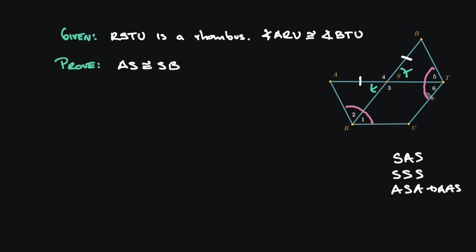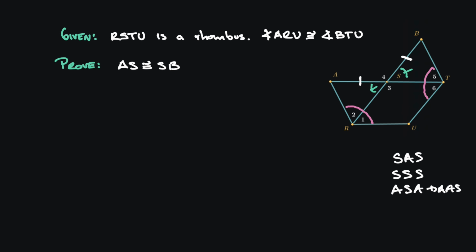Well, if you notice, angle 1 and angle 6 are opposite, and they are in a rhombus, because it was stated since the beginning that it's a rhombus. So from the rhombus, we know that these two angles are opposite, so they are congruent. So these two also need to be congruent, since the whole angle is congruent, right?